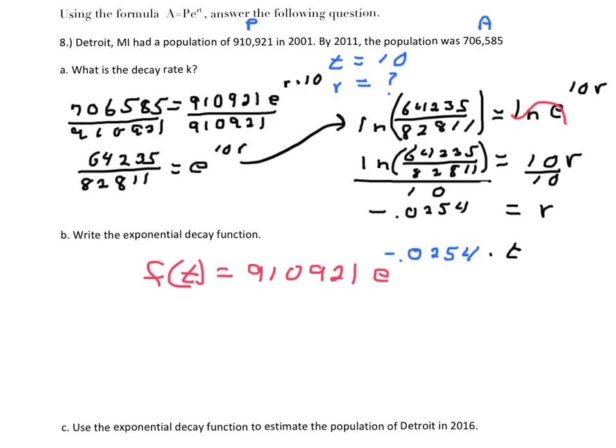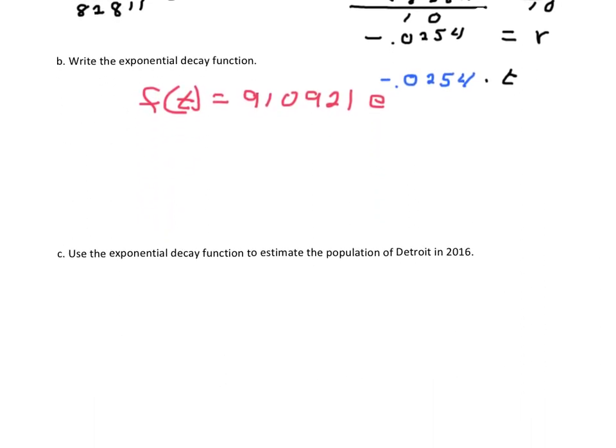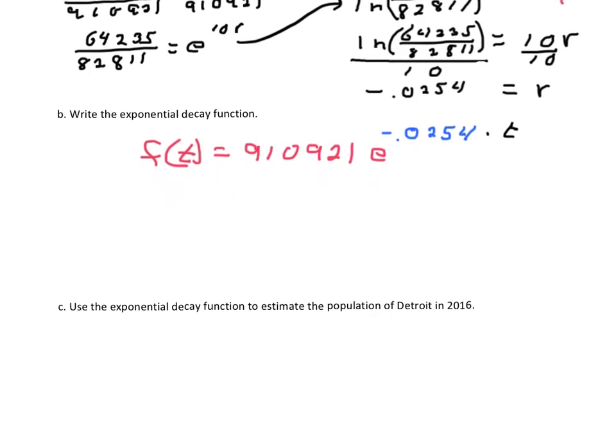All right, so let's take a look at part C. Part C says use the exponential decay function to estimate the population in Detroit in 2016. All right, so our goal here is how many years have passed from 2001 up into 2016?